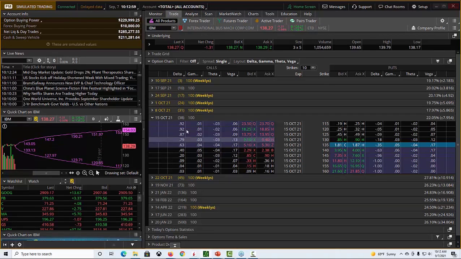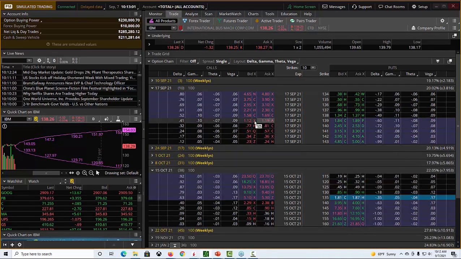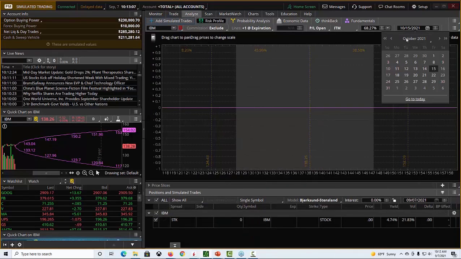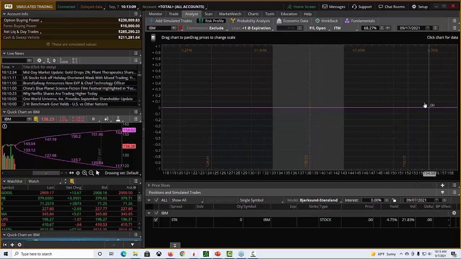The other way to do it would be to come in, have some September. Well, we really don't even need that. We can just go forward. We don't even need to put in a chart. We can just do it that way and say, here's where it's at. It says we could be anywhere from about 143 to 133, so about 5 up, 5 down, somewhere in that range is the expected range between now and September 17th.